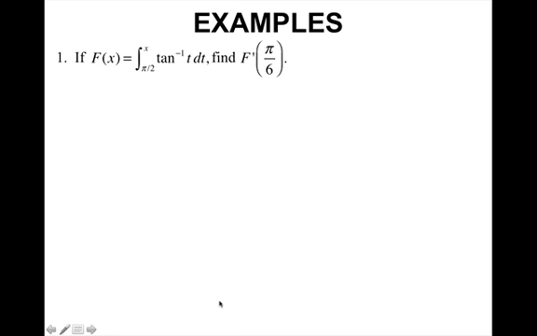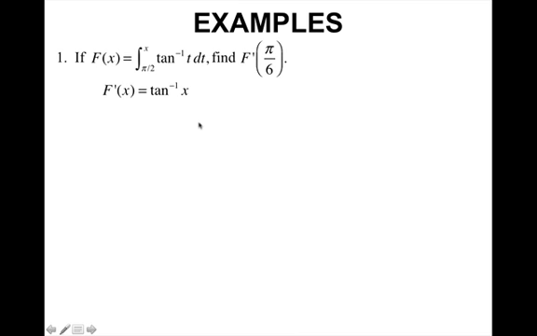All right, so let's go ahead and do an example. So if big F is equal to the integral from pi over 2 to x of tangent inverse t dt, find f prime of pi over 6. So you don't actually have to do what I had you do earlier, integrate and then differentiate. You can skip that step because we now know by the Fundamental Theorem of Calculus Part 2 that the derivative of an integral is just going to be the function itself in terms of the upper limit, in this case x.